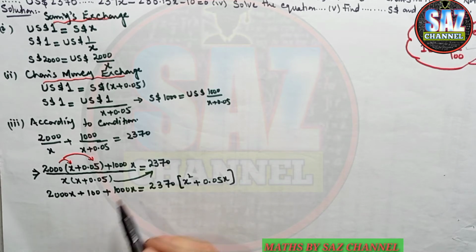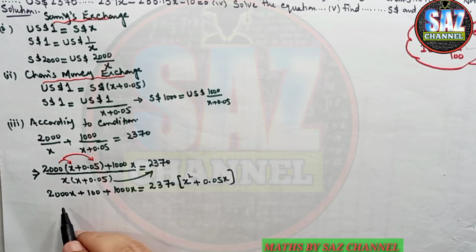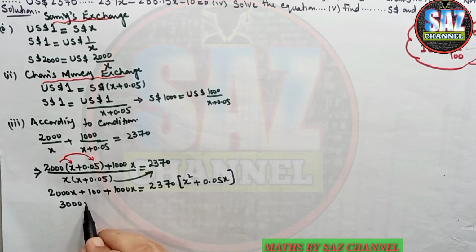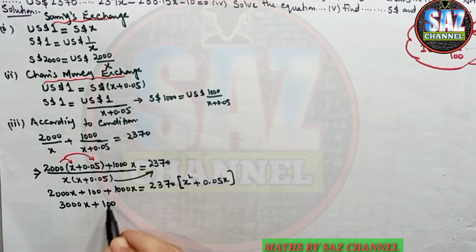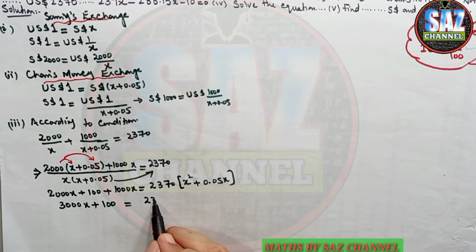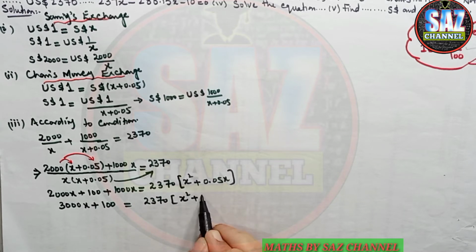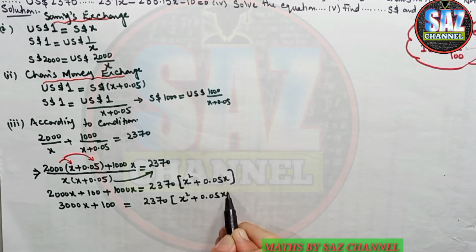Now add up 2000 and 1000, it will give me 3000x plus 100 equal to 2370 into x square plus 0.05x.